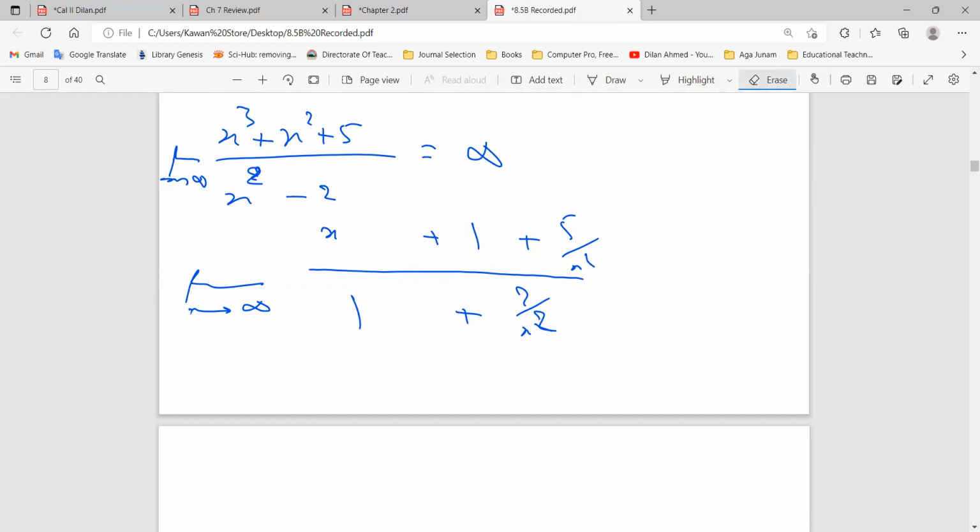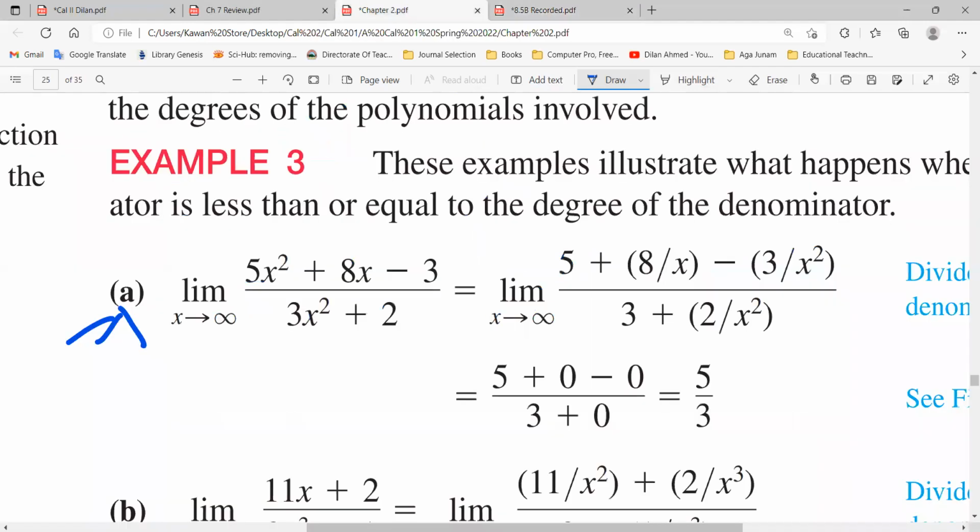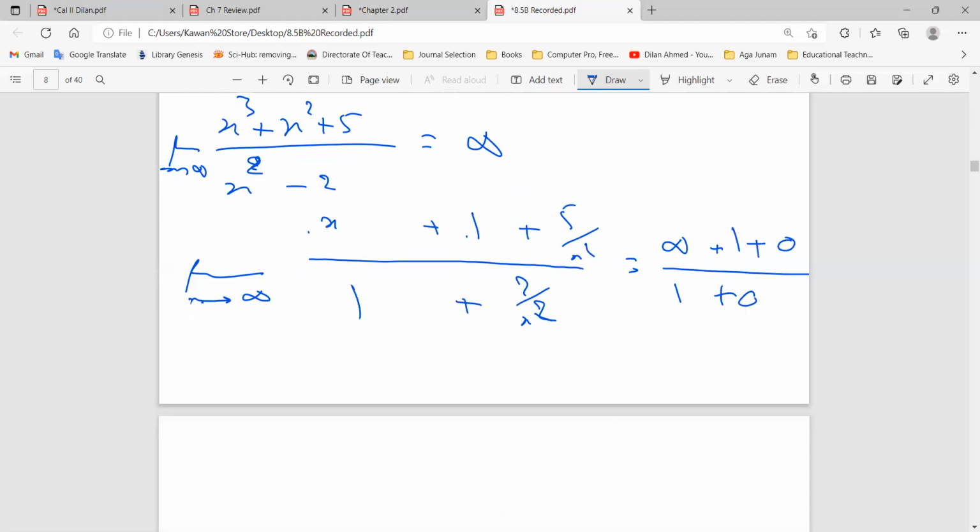Limit of x as x goes to infinity is infinity. Am I right? Limit of 1 is 1. Limit of 5 over x squared, we say that is equal to 0. Limit of 1, again 0. So it will be infinity plus 1 over 1, right?